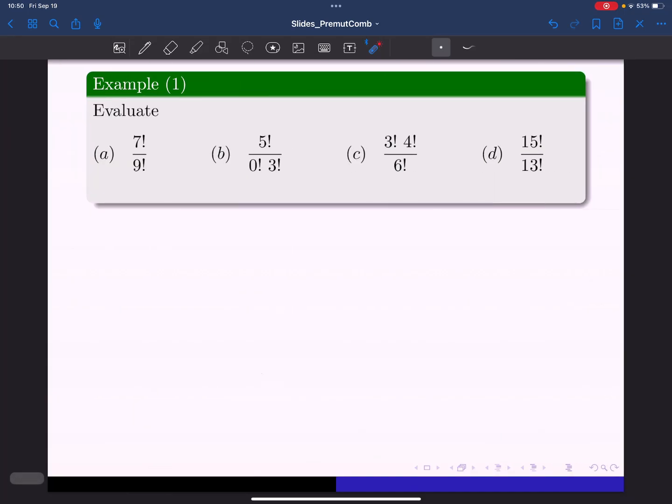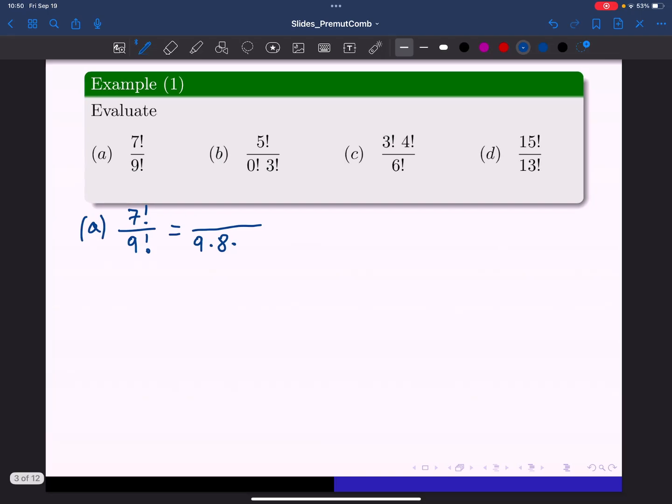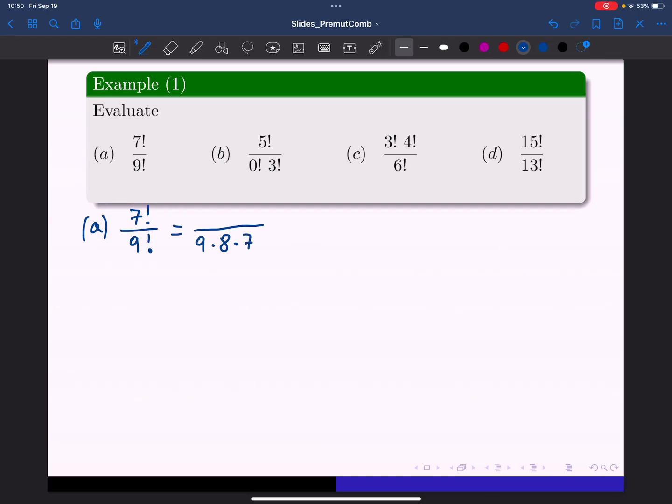Example 1. Evaluate. For part A, we have 7 factorial divided by 9 factorial. So we're going to rewrite the bigger number, 9 factorial, as 9 times 8 times 7, and we can keep going, 7, 6, and so on.